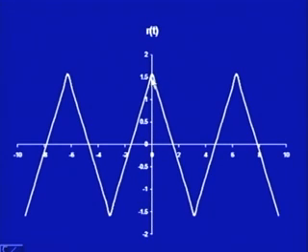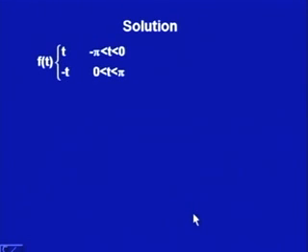At 0 we get plus pi by 2, at minus pi we get minus pi by 2, again at plus pi we get minus pi by 2. If you remember, we have done one function, t in the interval minus pi to 0 and minus t in the interval 0 to pi, and my r(t) is nothing but pi by 2 plus F(t).